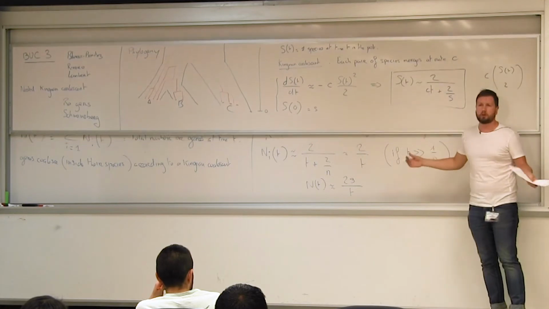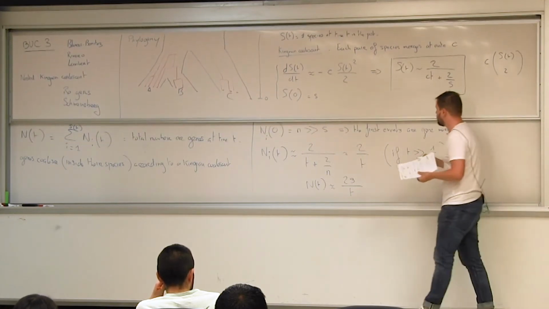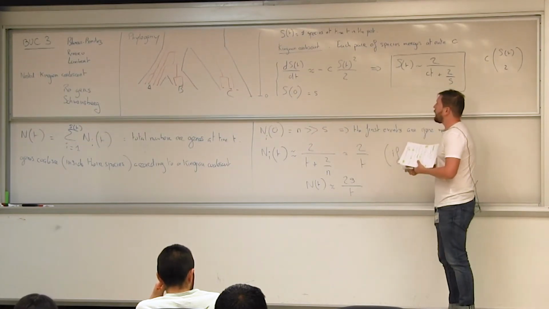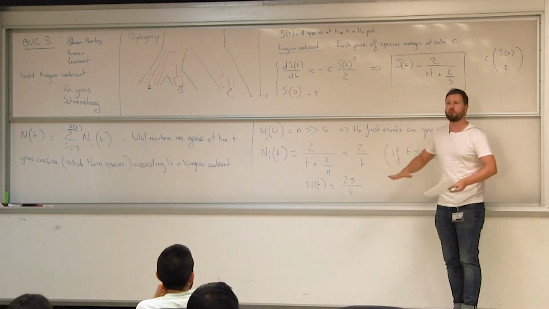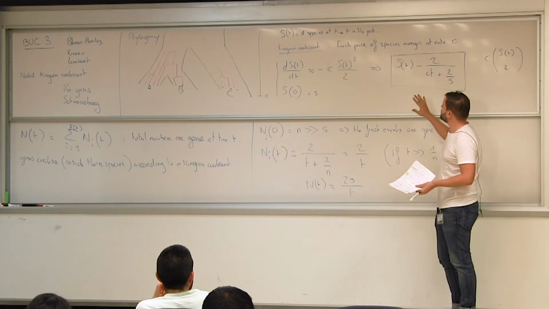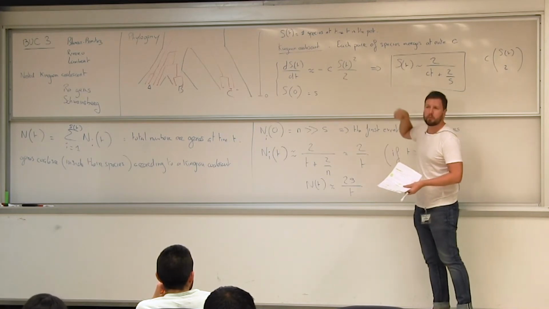At the beginning, I have a lot of coalescences of genes, but then I lose a lot of genes, and then I have few genes, or at least as few as the number of species.